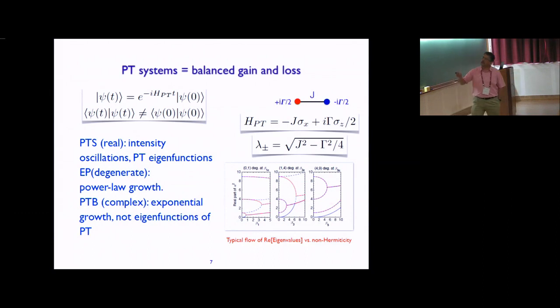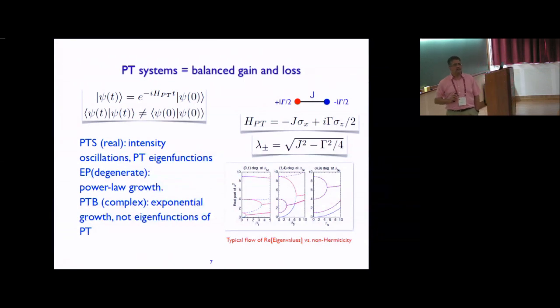What are the properties of it? Well, I'll calculate the time-evolved state. It will not have a conserved norm, fine. But the key property of this quantity, which I'll call intensity, which is just the norm of an initial state, is that when the eigenvalues are real, this quantity oscillates as a function of time. In Hermitian quantum mechanics, this quantity would be constant with time, because that's unitary evolution.